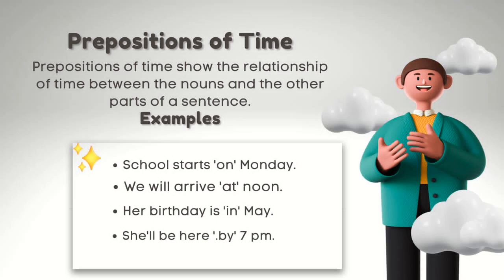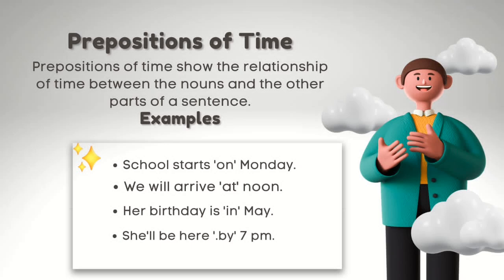At and by. At shows that the action took place exactly at a particular time. But by means it took place around a particular time, not exactly at that time. That is the difference between those two prepositions. Students tend to confuse them.